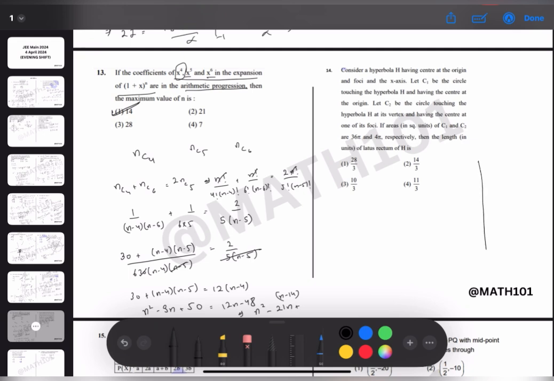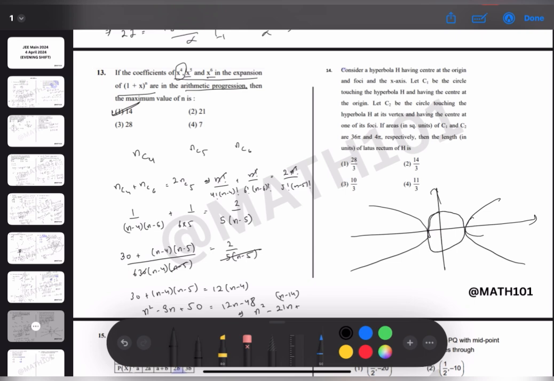Moving on to question 14. So this is the circle C1 and this is the circle C2. We are given the area of circle C1 is 36 pi, so this radius is 6.